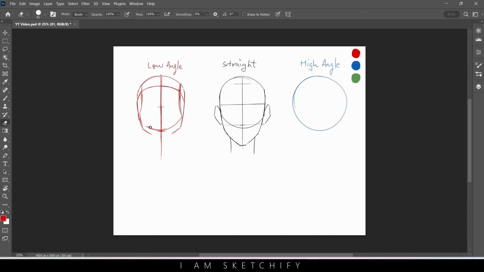Let me erase this part of the circle so that you can clearly see the jaw. After this, the neck.